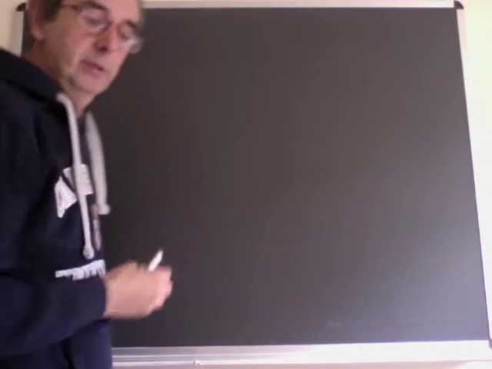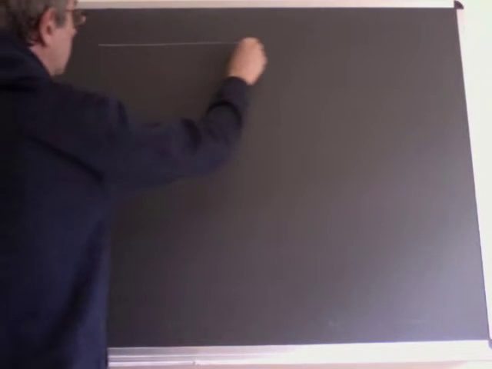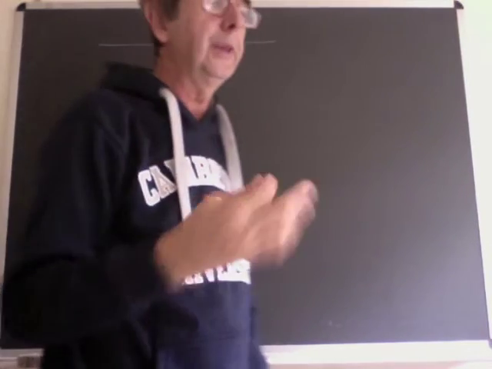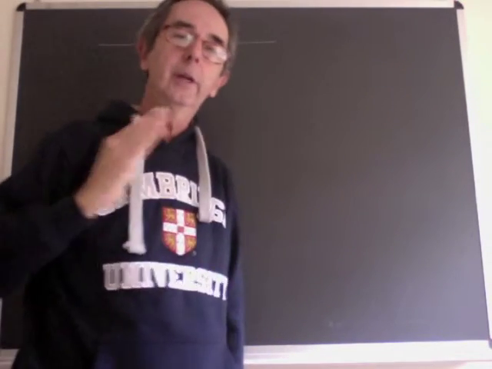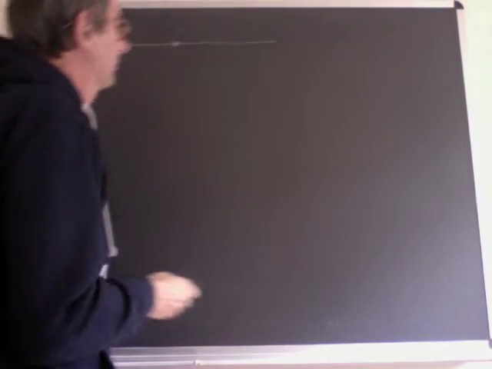If you consider just a point moving along a straight line, remember that we are dealing with the special theory of relativity, so we consider only linear motion with constant speed.